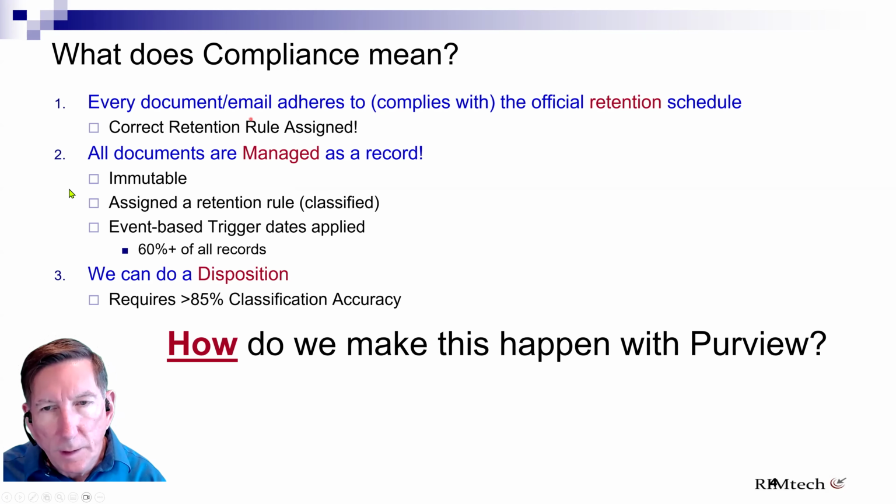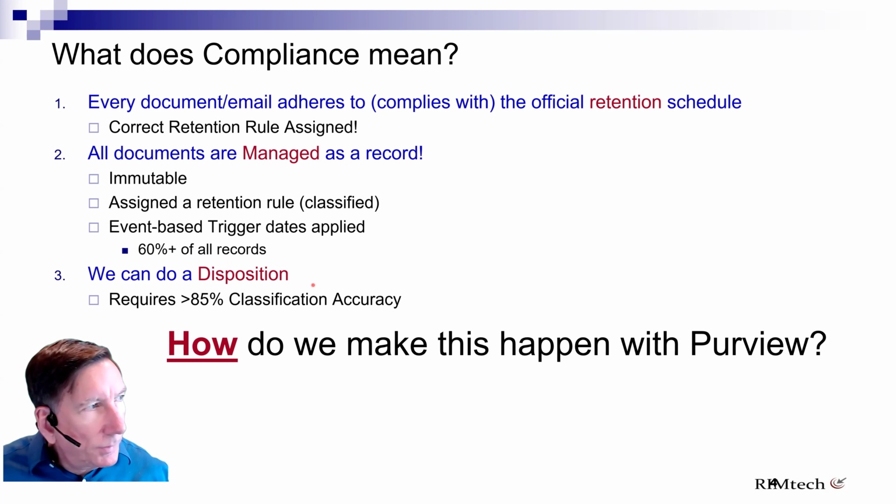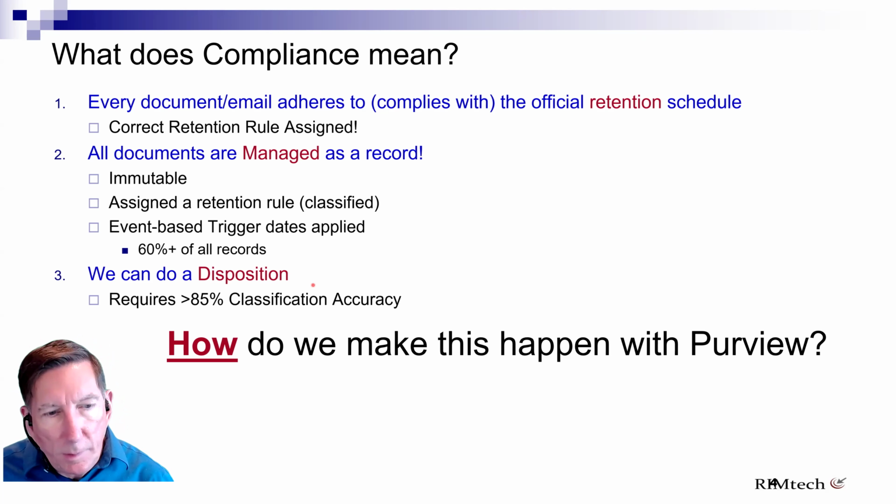So at the end of this, it all means that there's a way to tell if your system is compliant. If it's compliant, you can pull off a disposition 2, 3, 4 years out. What is a disposition? It's the process of destroying records en masse based on their retention treatments in the retention schedule.